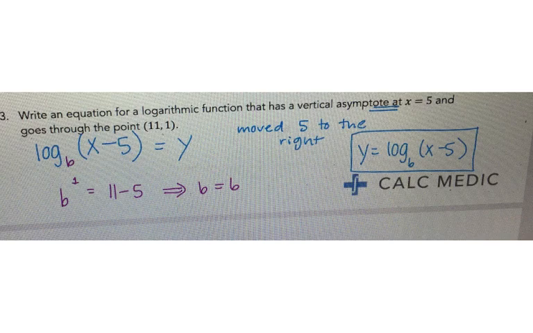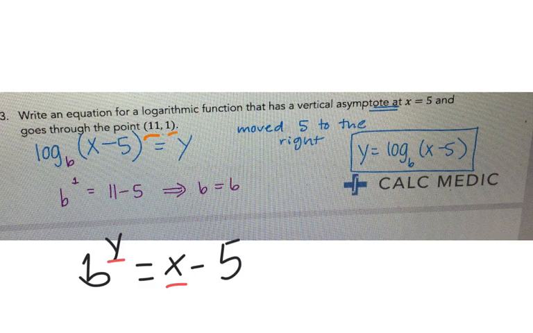So they didn't really write that down, so let me write that. b raised to the y equals x minus 5. So there are three unknowns here, an x, a y, and the base, b. Well, the thing is, they give me an x and a y that makes it true.